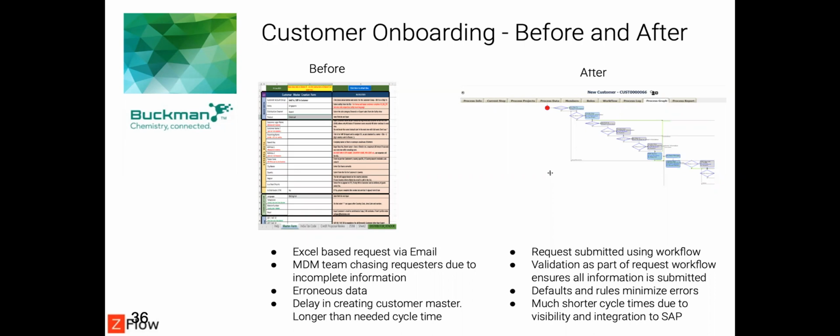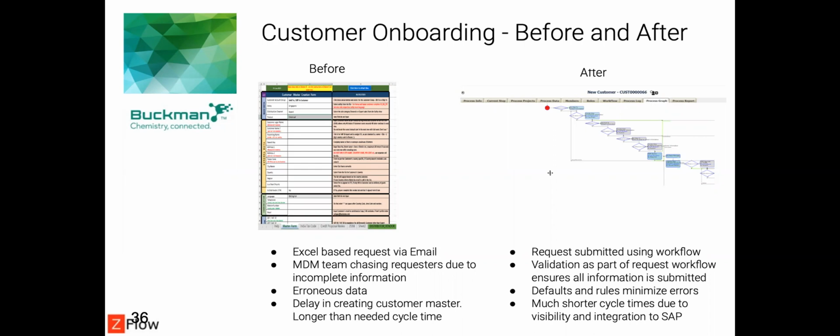We have default rules, wherein if Tennessee is the state, the system will allow entering only regions or pin codes from Tennessee. Those kinds of automation we have done, and I think that is a big win for our business. In terms of cycle time, earlier it used to take close to 3 to 4 weeks for one customer creation.